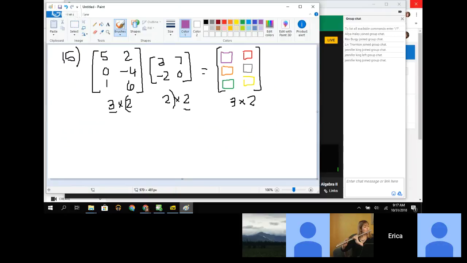So if I look at my purple square, that purple square is in my first row, first column. So that means I'm going to multiply my first row by my first column.